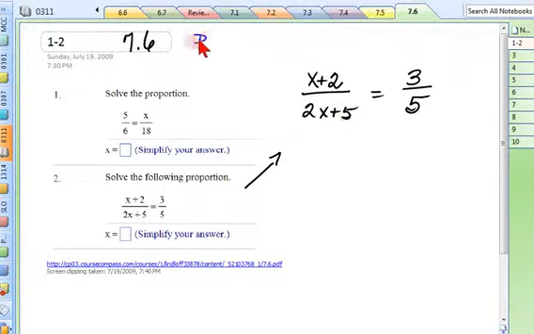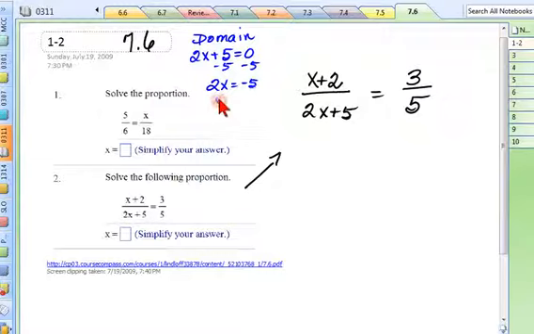So when you talk about the domain of this one, you have to use that process we did in 7.1, which was take 2x plus 5 equals 0. Solve it, subtract 5, 2x is negative 5, which means dividing by 2, x is negative 5 over 2.